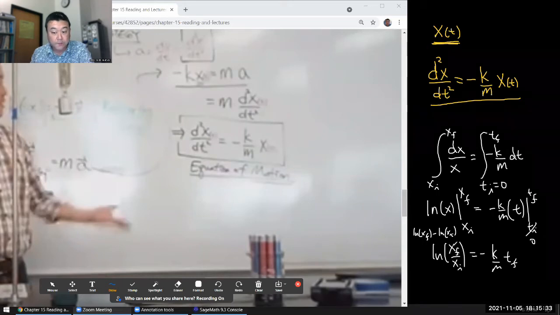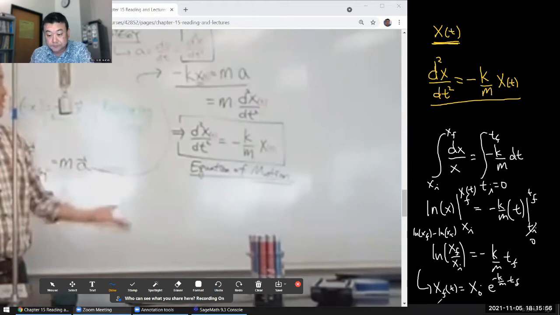And I can even solve for x final as a function of time. And x initial will be some constant. After a couple more steps, I might get x final as a function of time equal to x initial, let me call it x naught, the initial value of x, times the exponential of minus k over m t final.